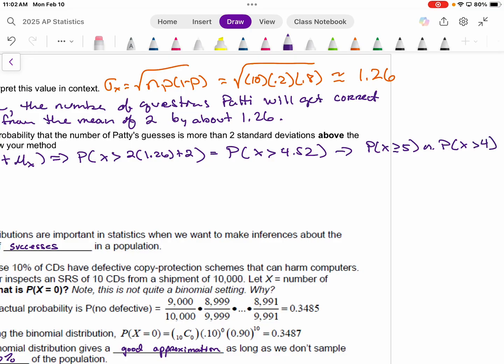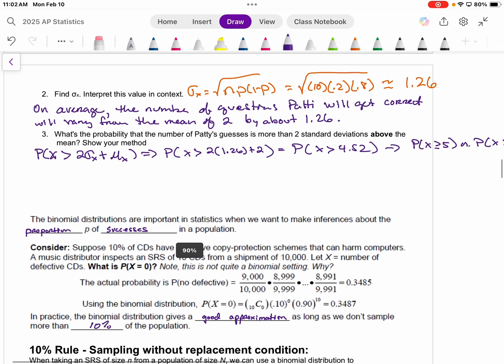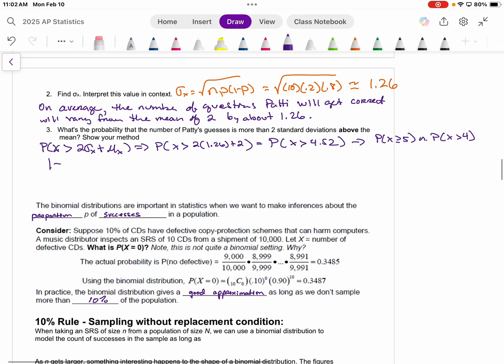Either one, no matter what, still leads us to the same process. Since I'm doing greater, I need to start off with a 1 minus. So I need 1 minus the probability that it is less than or equal to 4. I want to add up the 0, the 1, the 2, the 3, and the 4, and then subtract that from the 1. That'll be my answer to either one of those statements.